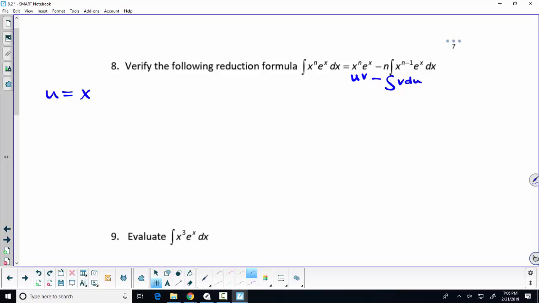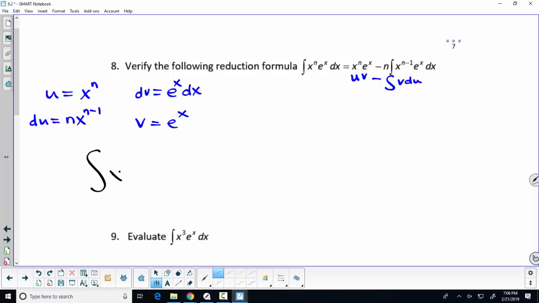We'll let u equal x to the n, dv equal e to the x dx. So du is n x to the n minus 1, and v is e to the x. Once we plug that in, that's our result.